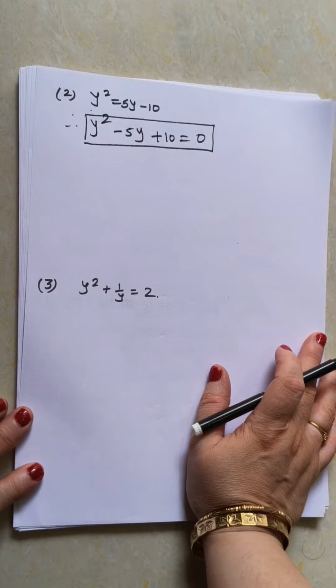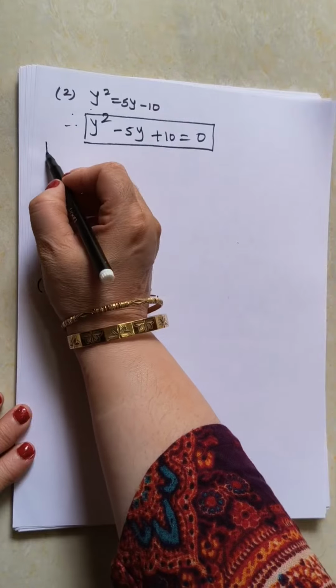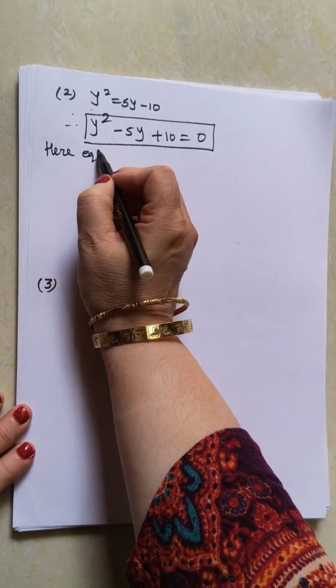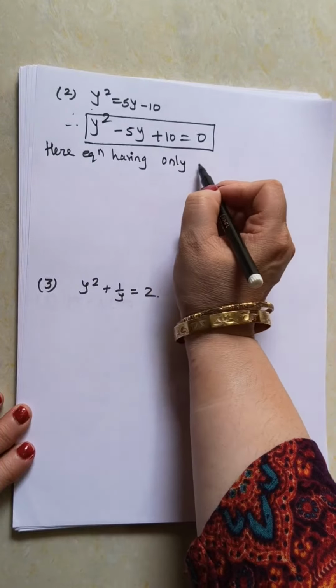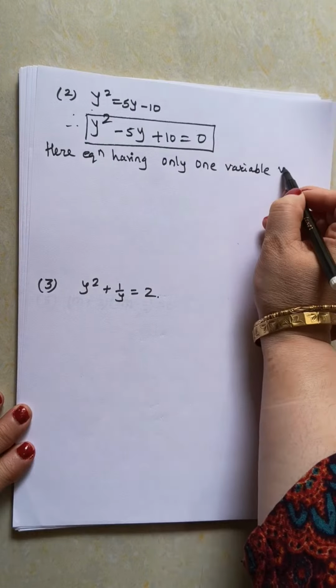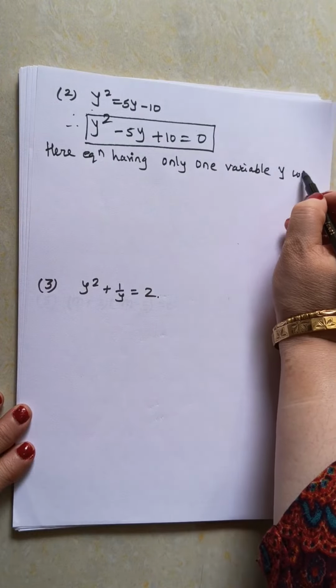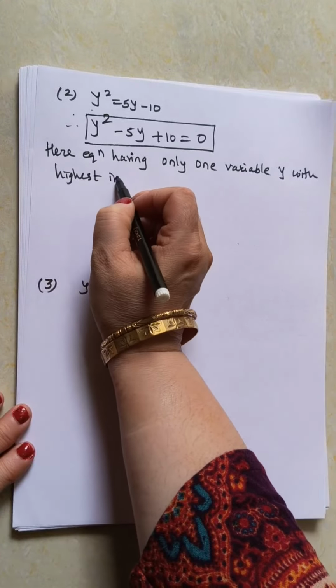Okay everyone. So आता आपण ह्याला पहा, it is having only one variable. Here the equation is having only one variable y with the highest index.